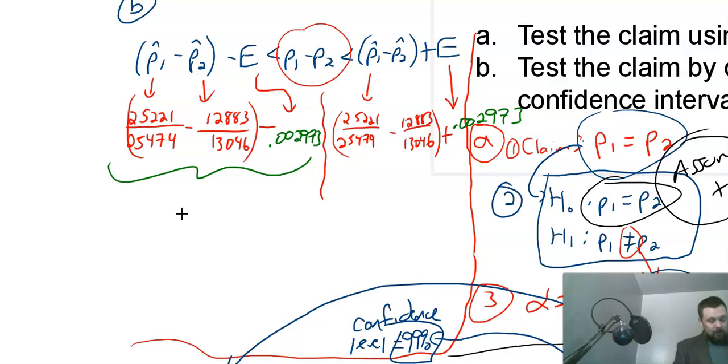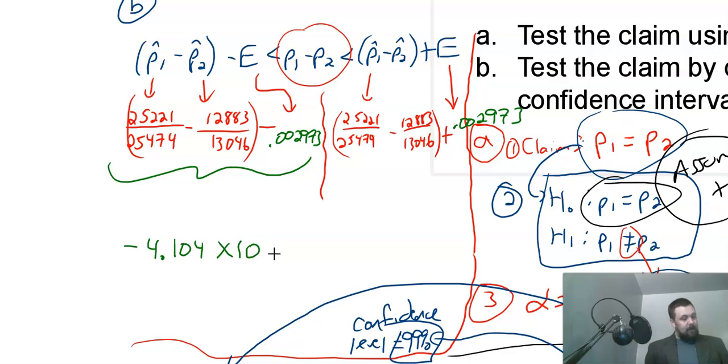So we're going to have 25221 over 25474 minus 12,883 divided by 13046 minus the margin of error, 0.002973. And I get as my lower estimate negative 4.104 times 10 to the negative 4.